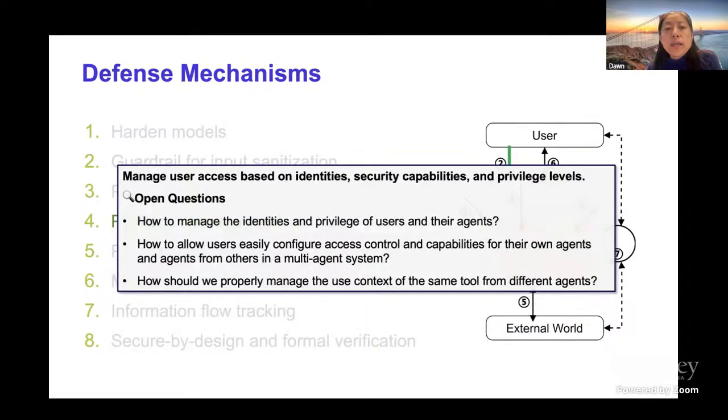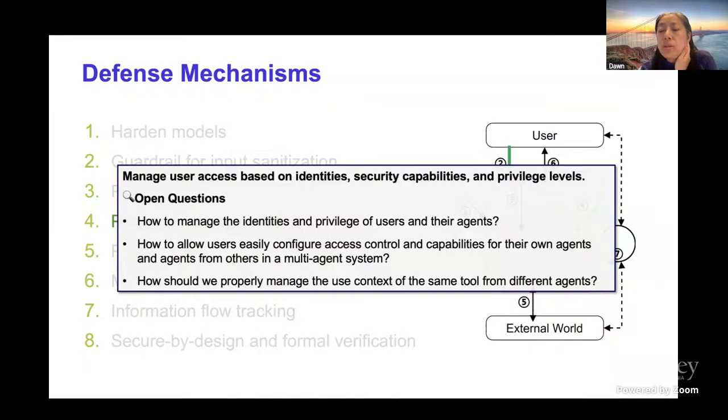When the agent takes actions and accesses certain resources and services, these actions need to be taken with certain security capabilities and privilege levels. Hence, it's really important to manage agent access based on identities, security capabilities, and privilege levels.